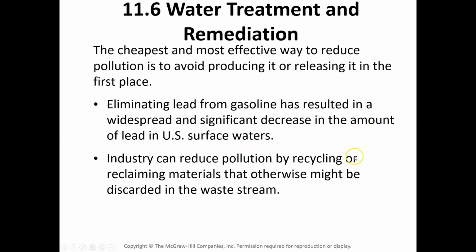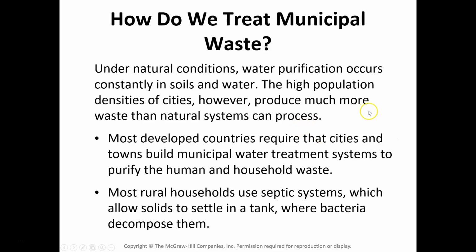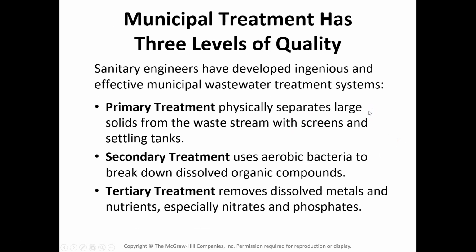Here in the US, we're fortunate to have laws that say that our wastewater has to be treated. Our wastewater can be treated in a couple of different ways, but really what we have is most municipal treatment plants use 3 types of treatment: primary, secondary, and tertiary. Each type of treatment just does something a little bit different.